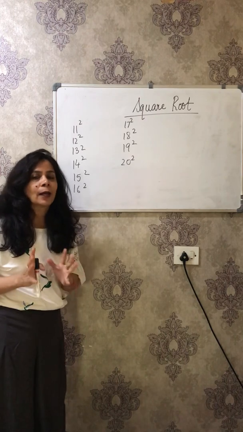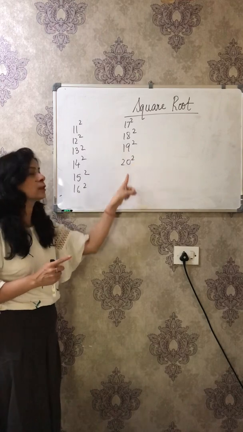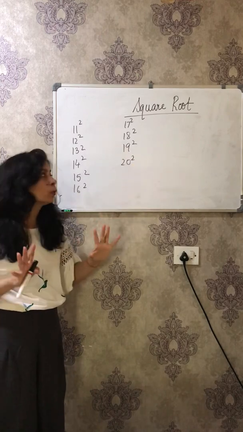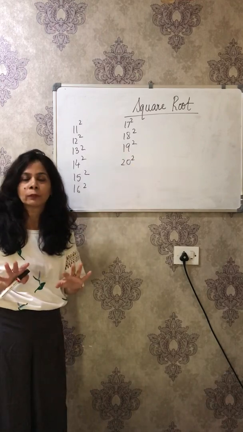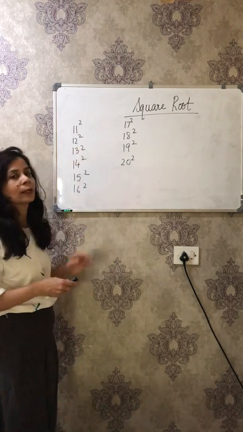Before I start, I would suggest all of you kids that you should know the square of these numbers at least. If you know the square of these numbers, half of the battle will be won. Let's see 11 square.